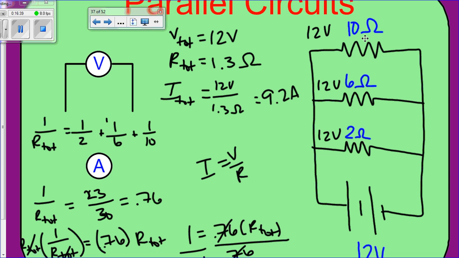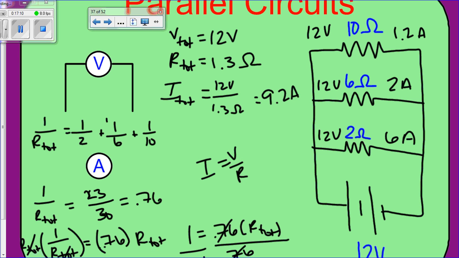The voltage, which is 12, divided by the resistance, which is 10, gives me a current of 1.2 amps. For the second one, our voltage divided by my resistance gives me 2. And for my third one, my voltage divided by my resistance, which is 2, gives me 6.